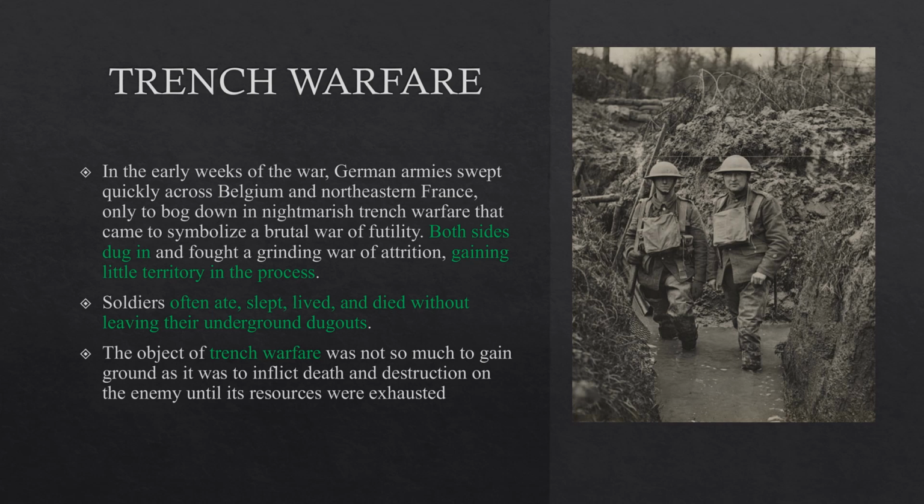The object of trench warfare was not so much to gain ground as it was to inflict death and destruction on the enemy until its resources were exhausted. So there was a purpose for this trench warfare. Again, it was really to inflict death and be destructive to the enemy until they had no more resources.